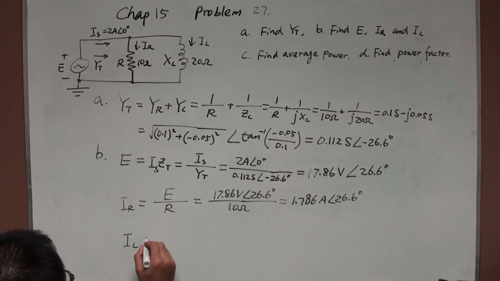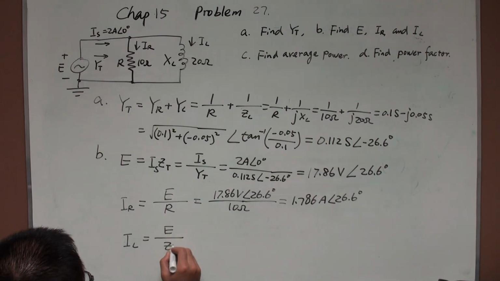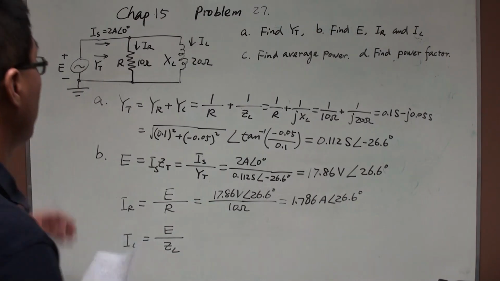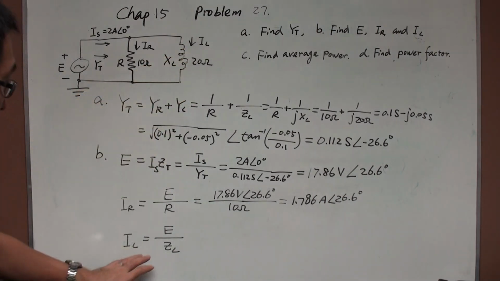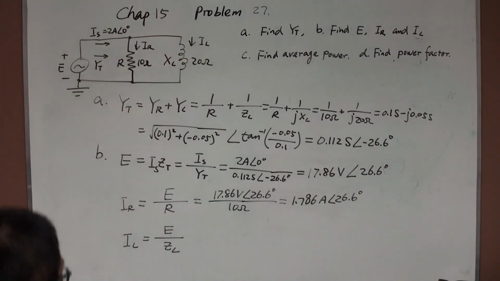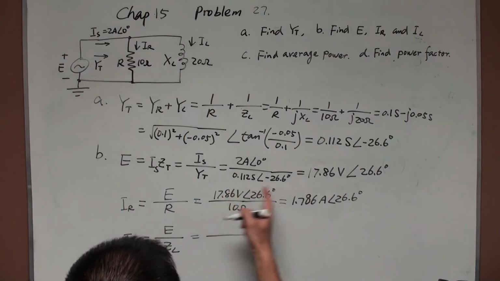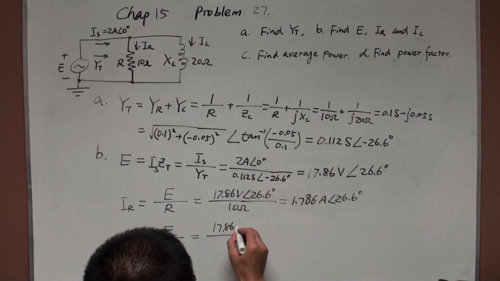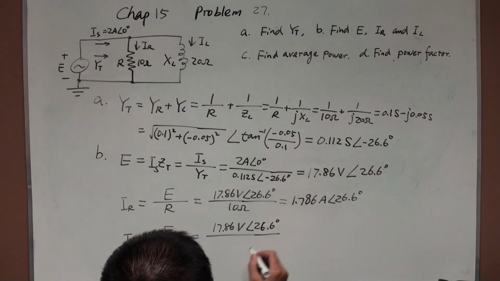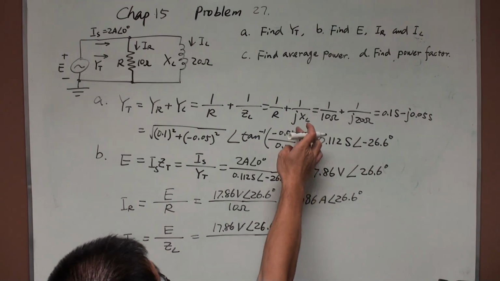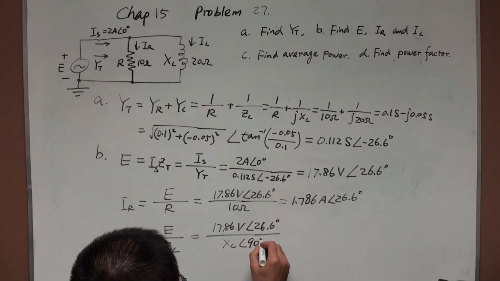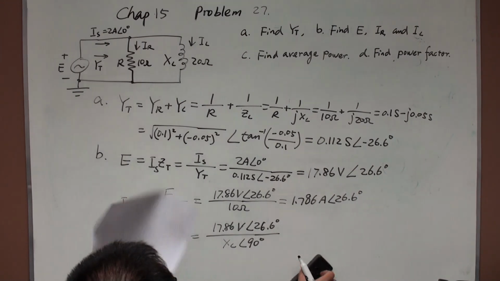And IL will be equal to E over ZL, because based on Ohm's law, current is equal to voltage over impedance. E is 17.86 volts with 26.6 degrees, and ZL is JXL, actually XL with 90 degrees, and XL is 20 ohms.